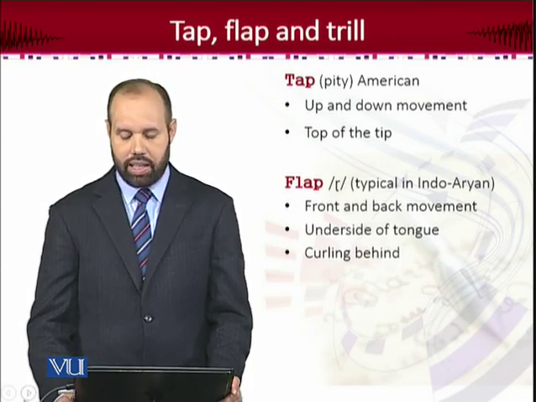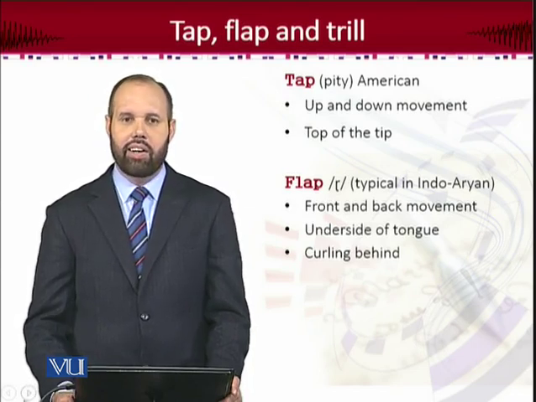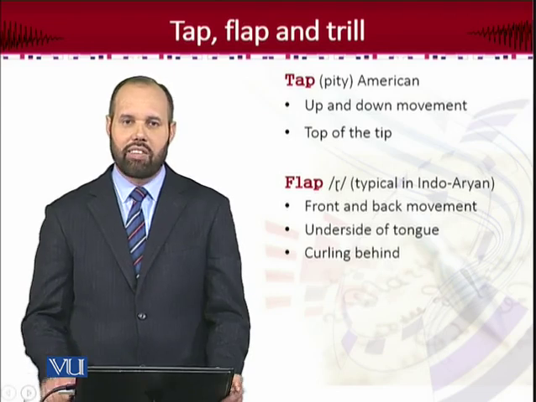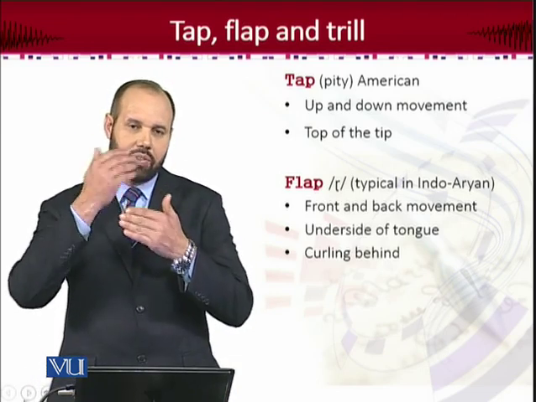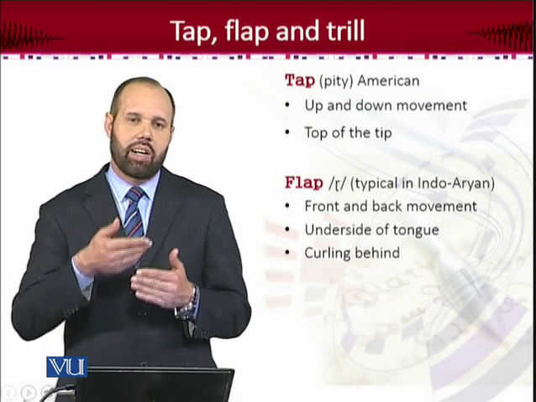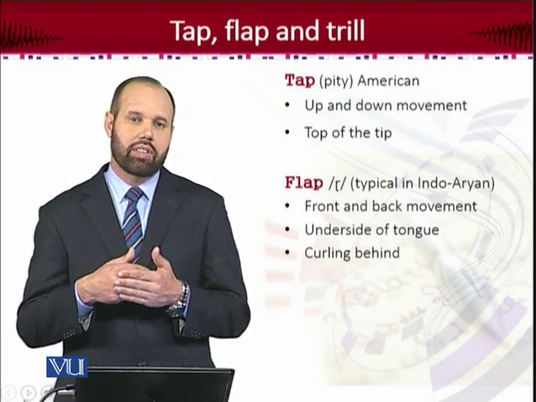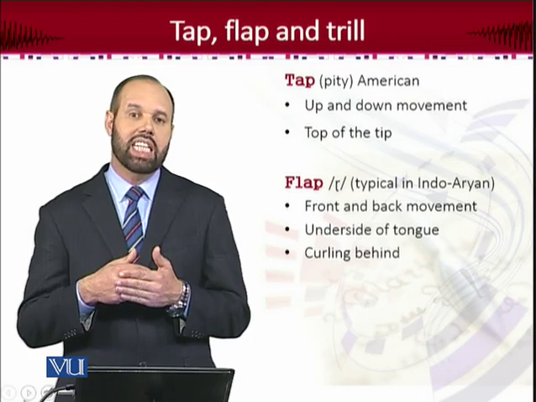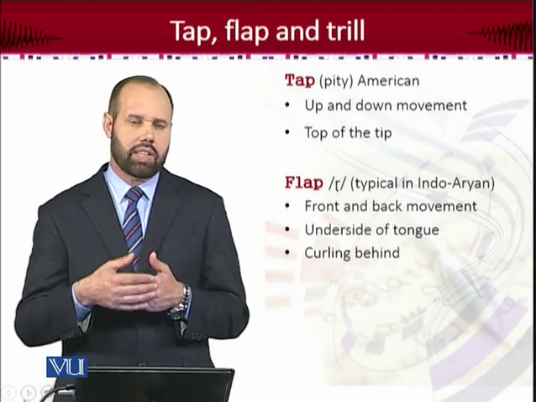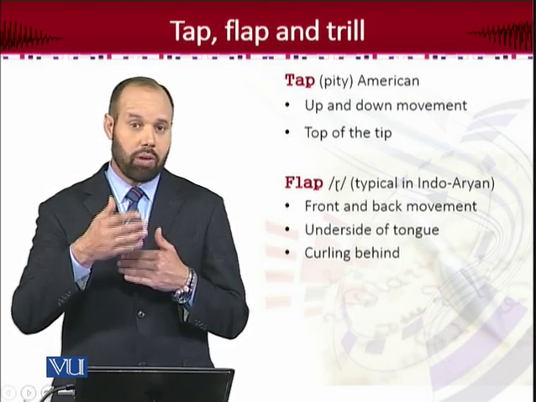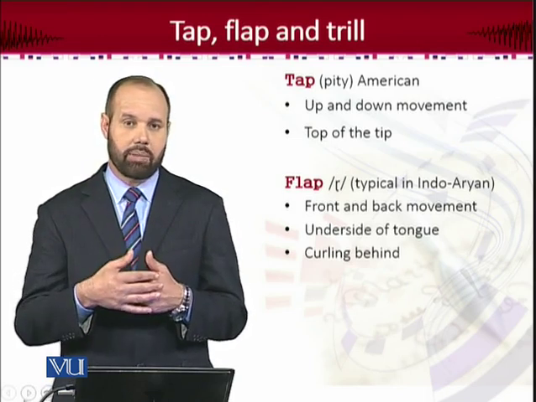And that flap is when the movement of your tongue is from the back towards the front. You see, you just curl back your tongue for the articulation of this sound, l. If you just get prepared for this sound, but you do not pronounce it, you just get prepared for the pronunciation.